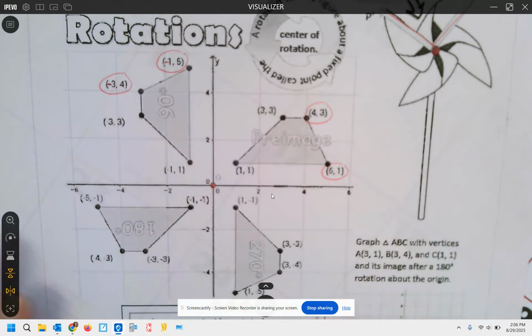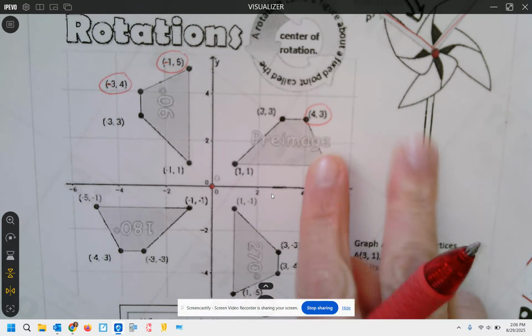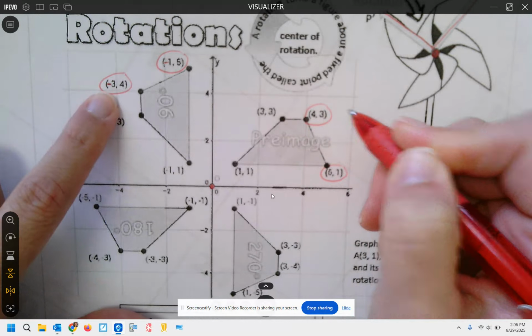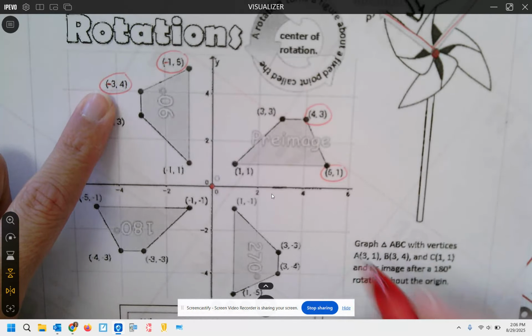So what we're doing when we perform a 90-degree counterclockwise rotation is we are swapping the position of the coordinates. So the 3 goes first, the 4 goes second, and then we're negating, or taking the opposite of, that number that's now in the front.